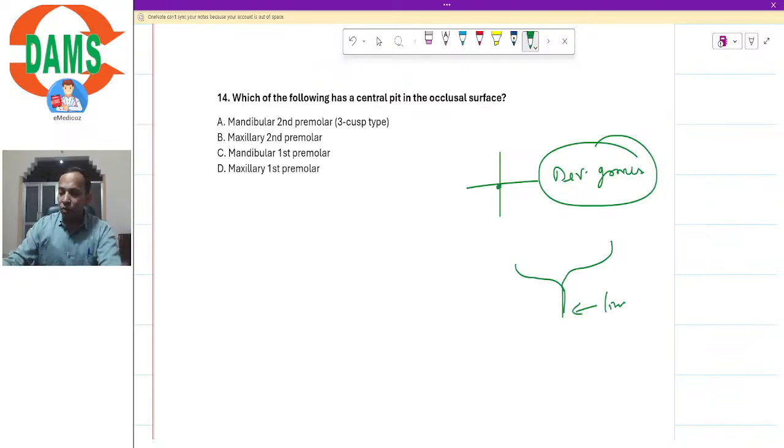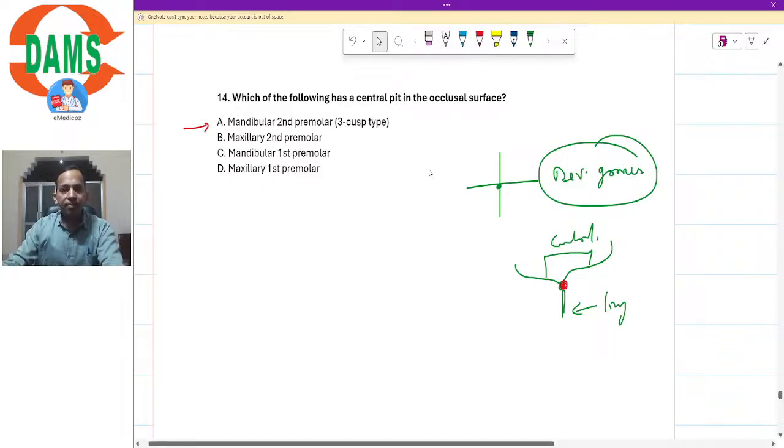This is the lingual groove, this is the central groove. So a pit would be seen here at this junction of the grooves. So this pit on the occlusal surface in a premolar would be seen in mandibular second premolar, which has a 3 cusp anatomy. Is it clear?